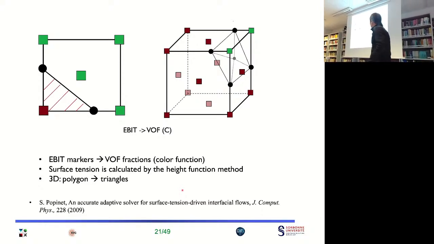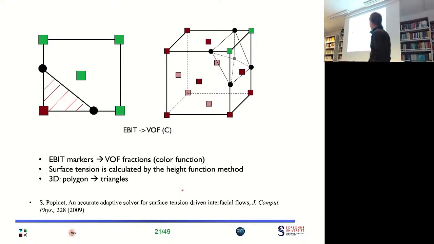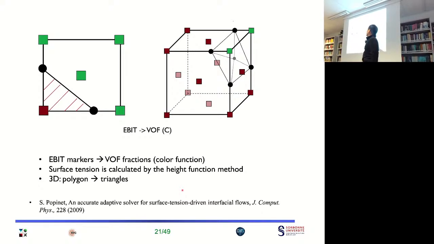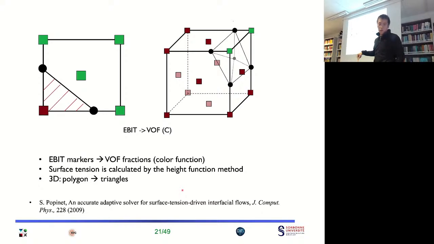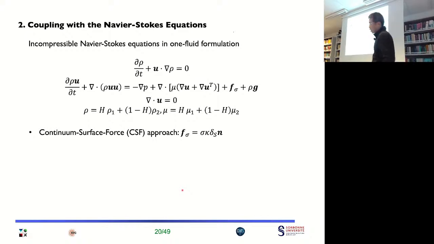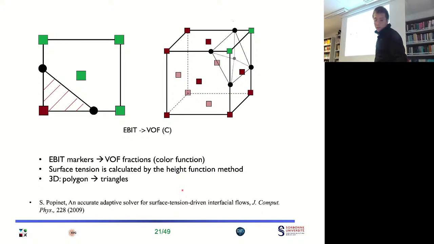A volume fraction field can be computed based on the position of the markers and the value of the color vertex. Then the volume fraction field is used to approximate this Heaviside function for physical properties and to compute the surface tension using the generalized height function method.